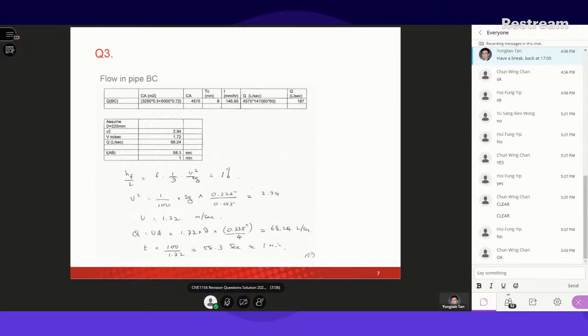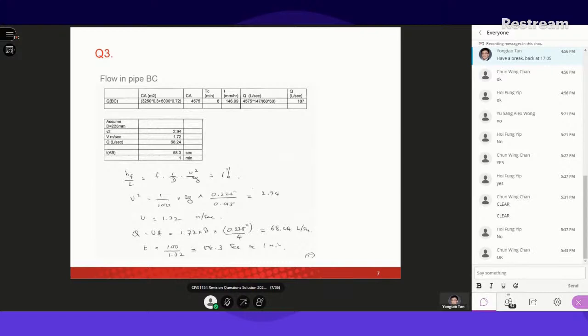Next we need to determine the peak discharge to pipe BC. For pipe AB, the peak discharge is the same as for pit A. How about the peak flow in pipe BC?